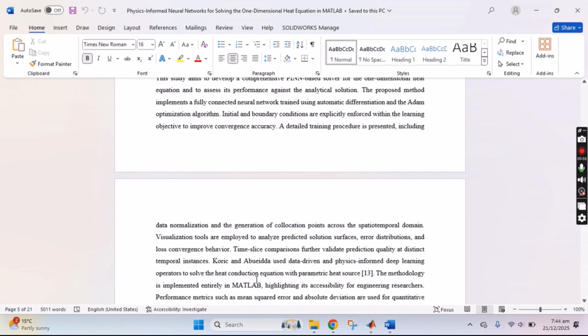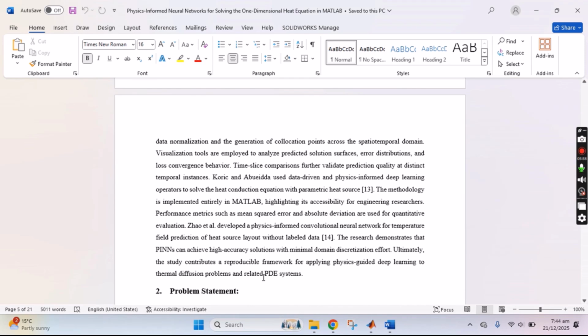Here are the objective and contribution: how we can implement this in MATLAB with its accessibility for engineering research, and performance metrics such as mean squared error and absolute deviation, all used for quantitative evaluation.